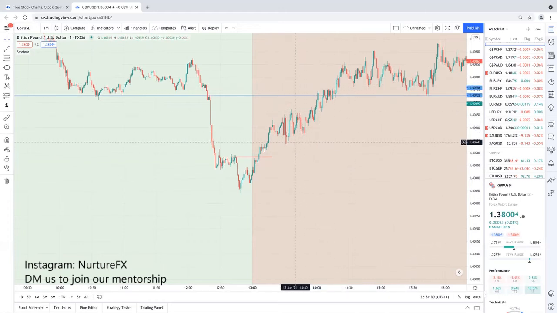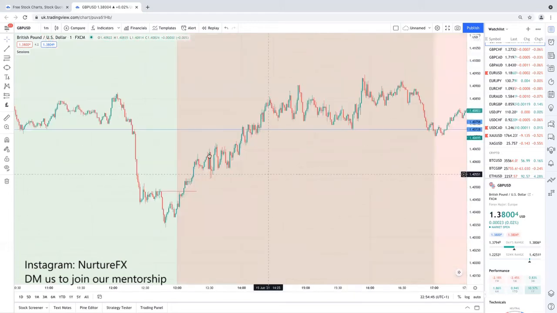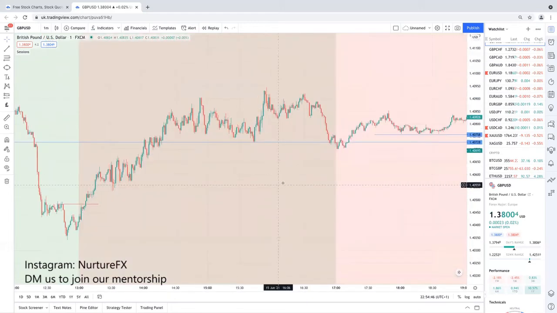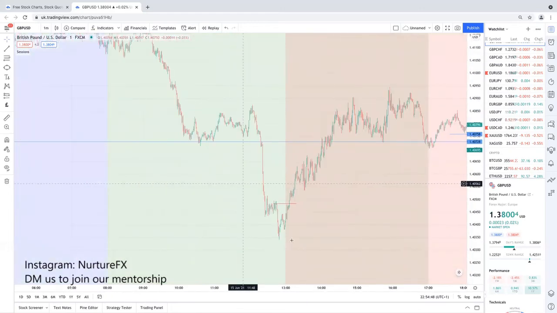Now that's not to say that you couldn't have got in further up, because there's positions where you could have got in, but for this particular strategy where you're looking for it to beat the weekly low or the weekly high or the current week's low and the current week's high, or the monthly high and the monthly low, we're looking for a change of structure, break structure to the upside, and retracement down to our institutional candle, 50%.